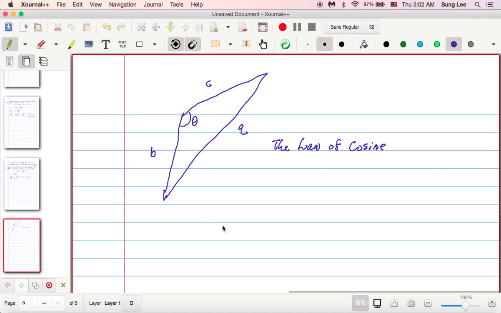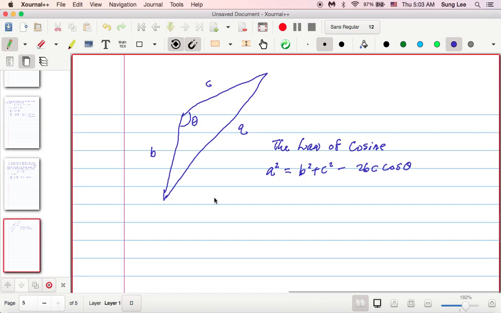They satisfy the following equation: A squared equals B squared plus C squared minus 2BC cosine theta.